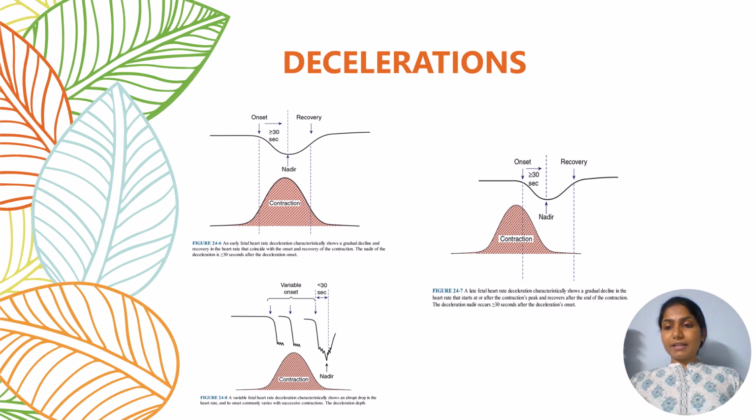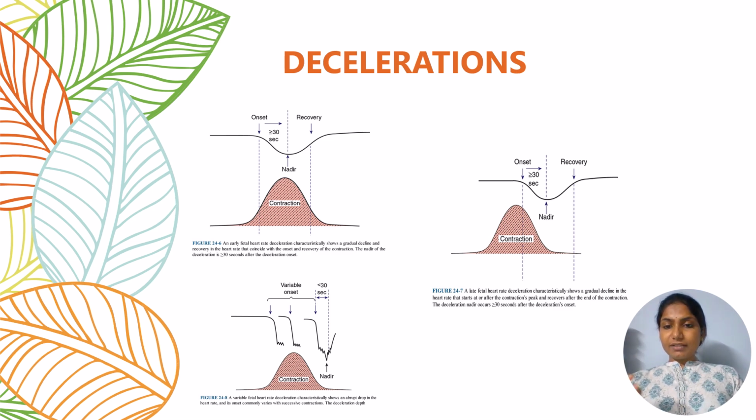So this is called a late deceleration, where the baby is going into hypoxia and has already reached the state of acidemia. In a late deceleration the nadir of the deceleration is just after the peak of the contraction.